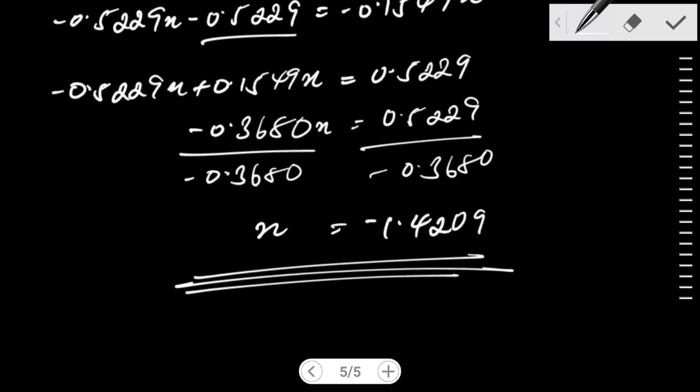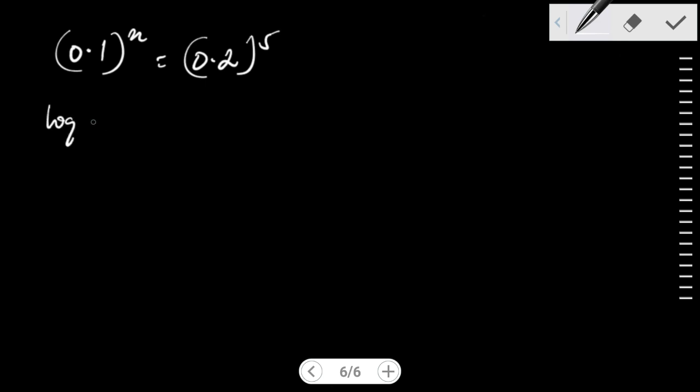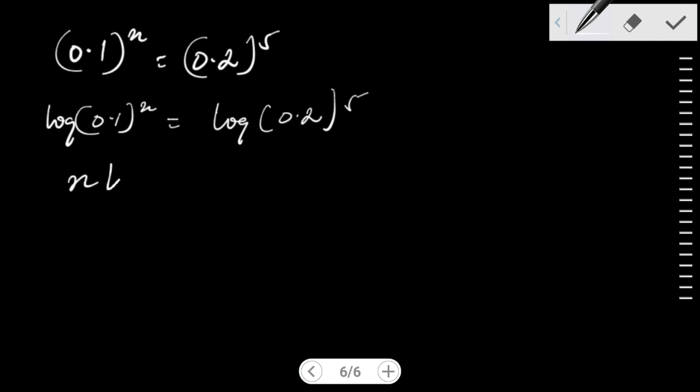Now, let's try another example. If you have 0.1 power x is equals to 0.2 to power 5. Now, out of that, let's introduce logarithm. So I know that log of 0.1 power x would be equals to log of 0.2 to power 5. And therefore, I'm going to have x log of 0.1 be equals to 5 log of 0.2.